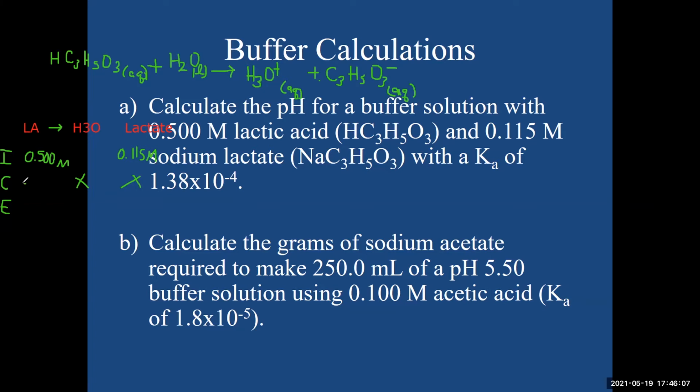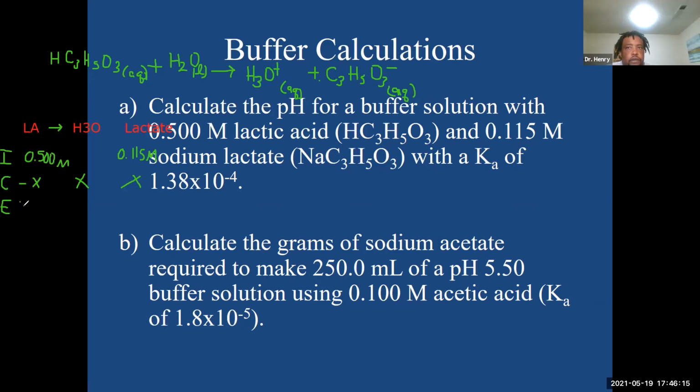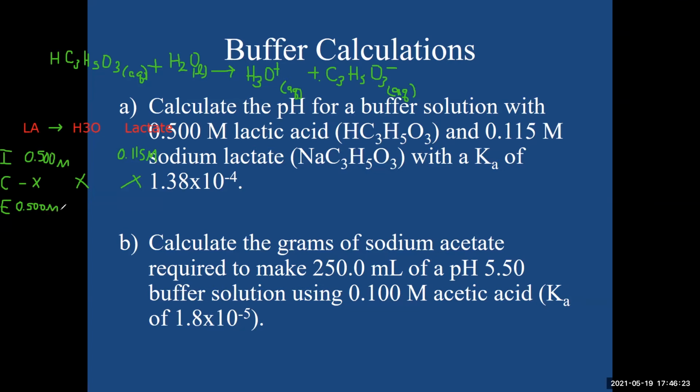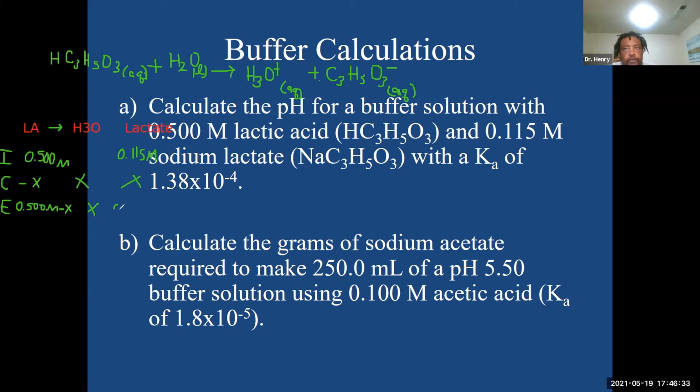Minus X. Okay, so now we have 0.500 minus X for our equilibrium. This is just going to be X. And this is going to be 0.115 minus X. Okay? With me so far?